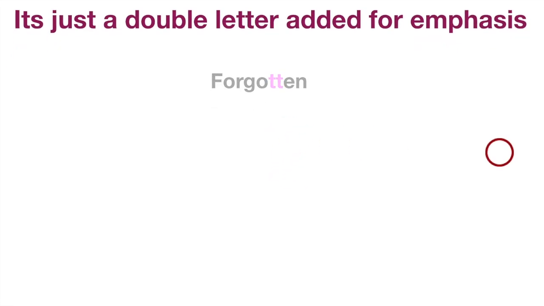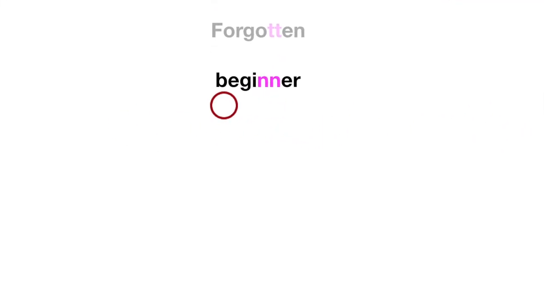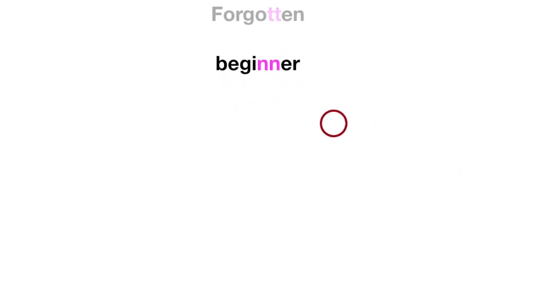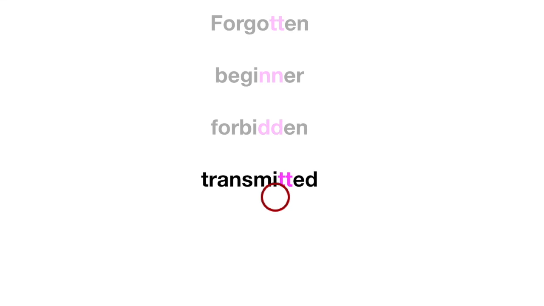Next word, we have "beginner," using the letter N twice. Let's have a look at the next one. "Forbidden," two D's. Next one, "transmitted." Again, two T's for emphasis.